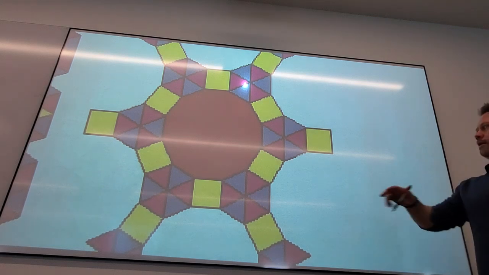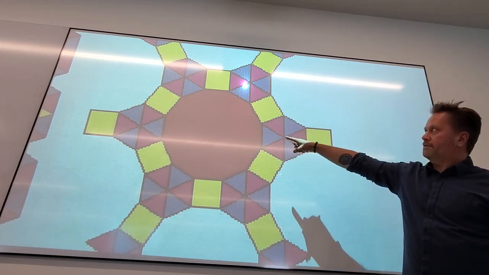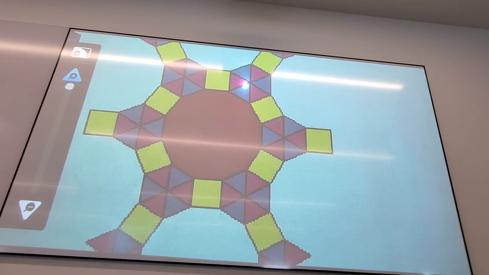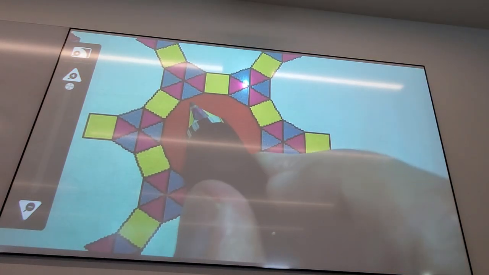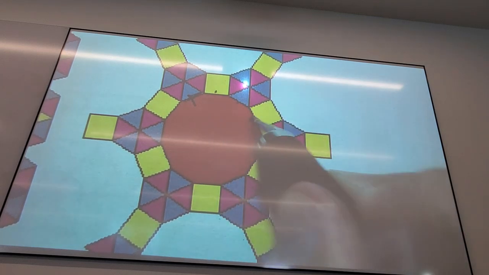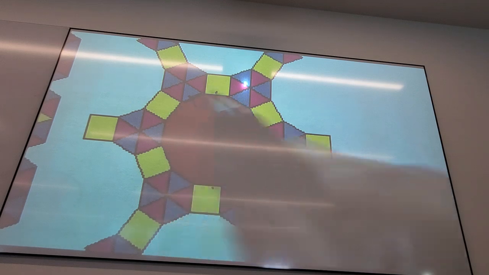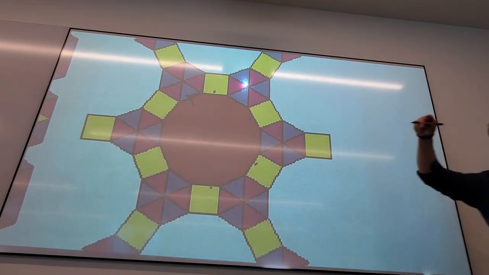Now this one's a little weird. What would I put here, of course? Can you guys see? I'm as zoomed in as it can be. This is not easy to see. 1, 2, 3, 4, 5, 6, 7, 8, 9, 10, 11, 12. There's 12 sides to this, yes?